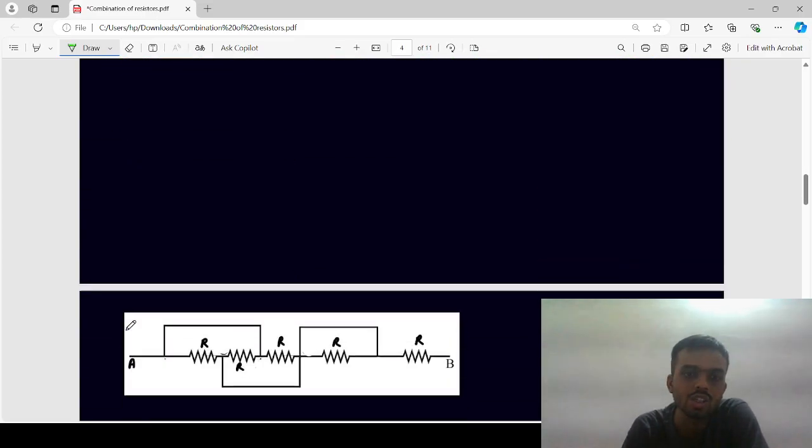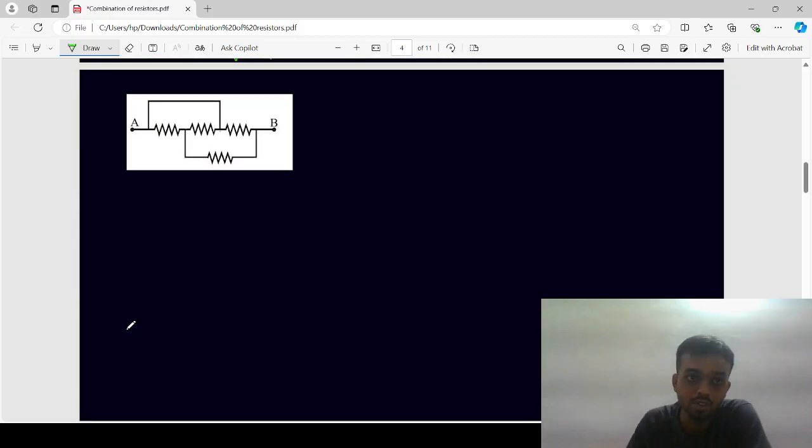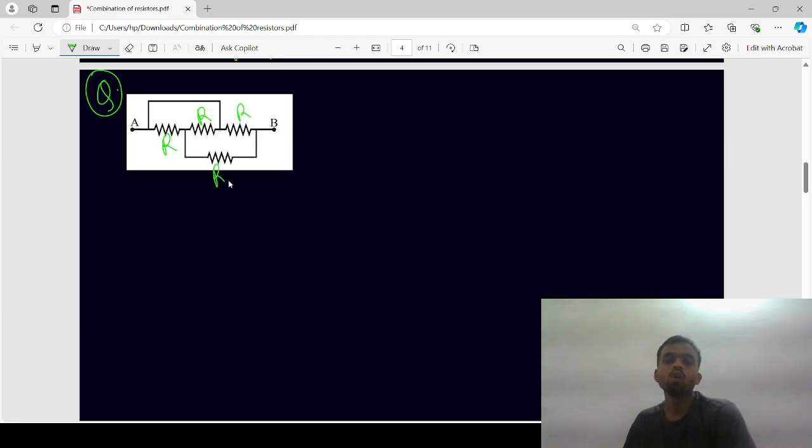And in this question, we have a circuit which is given over here, and another condition is that resistances of each resistor are same, that means these resistors are identical. So by looking into these types of circuit, we don't know whether it is in parallel or in series. First of all, we need to arrange them in the simple manner.